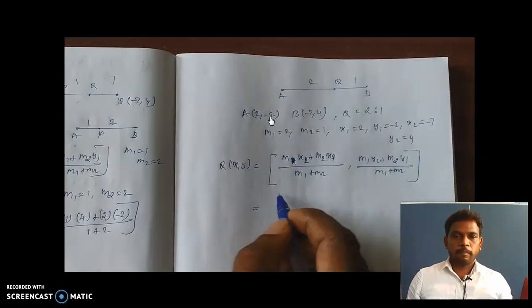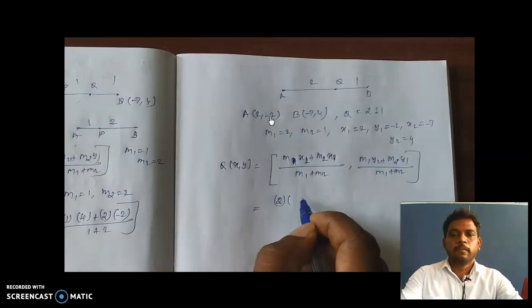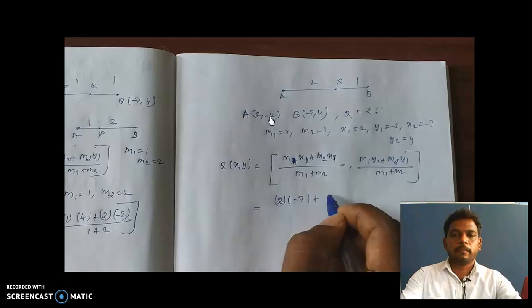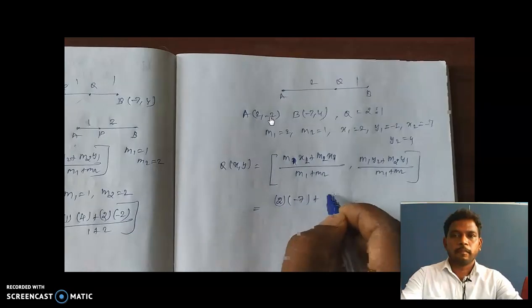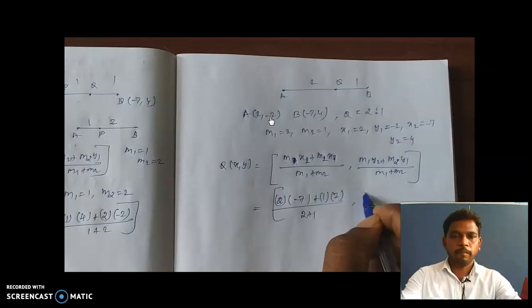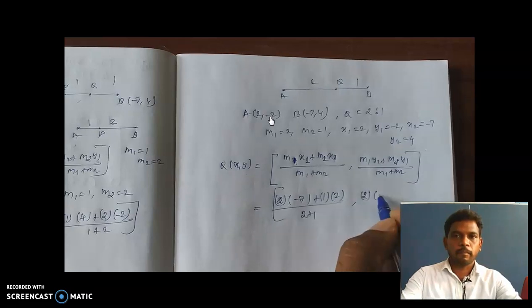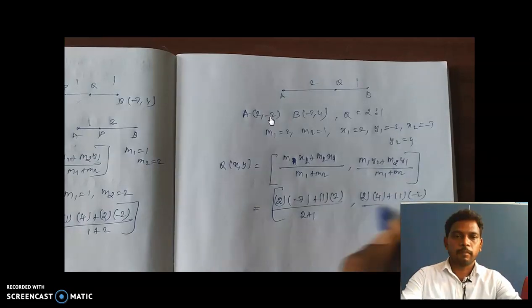M1 value 2 and x2 value -7 plus M2 value 1 and x1 value 2 divided by 2 plus 1, comma, then again M1 value 2, y2 value 4 plus M2 value 1 and y1 value -2 divided by 2 plus 1.